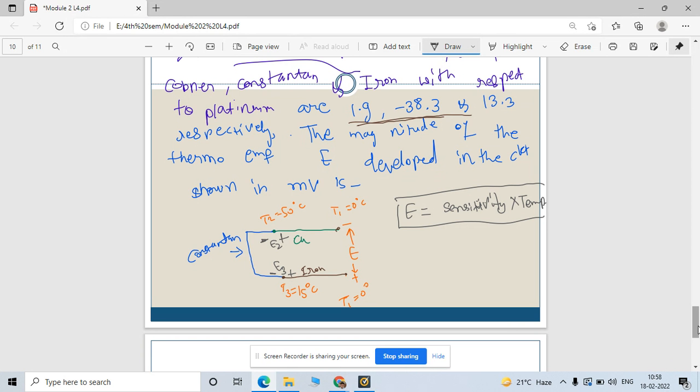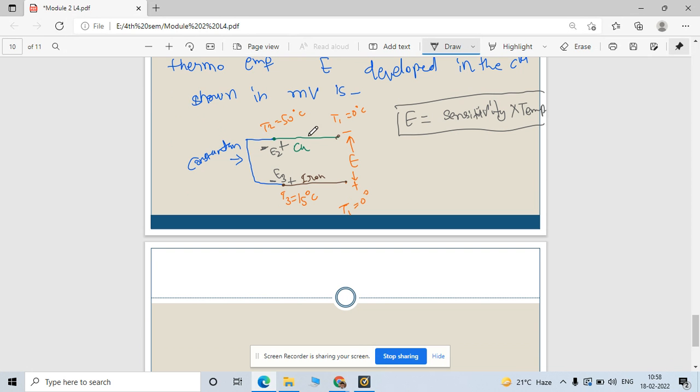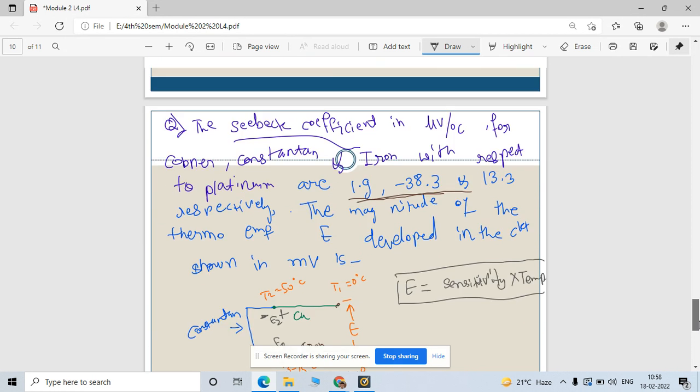Now, if I consider this, this is your positive junction and this is your negative junction. So for example, this iron and this constantan: the first term is iron and the second term is constantan. So this is nothing but your sensitivity, S iron minus S constantan, because one is the positive terminal and the other is the negative terminal, according to this polarity. Now put the values of these metals in this sensitivity.